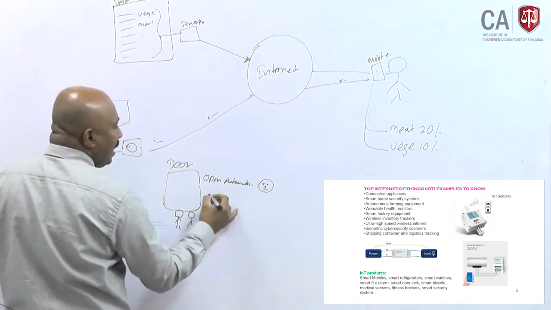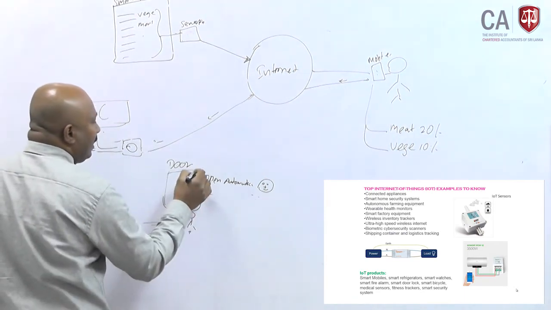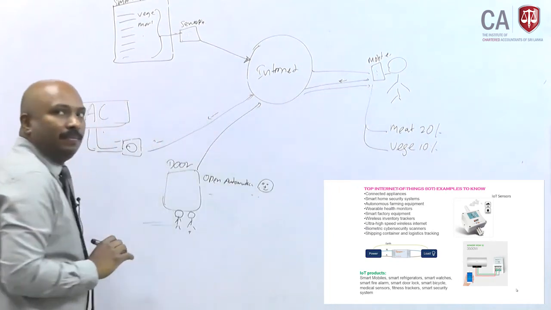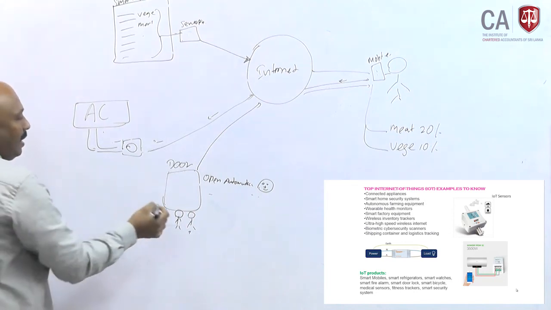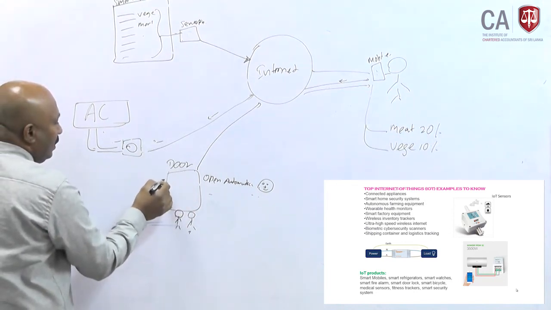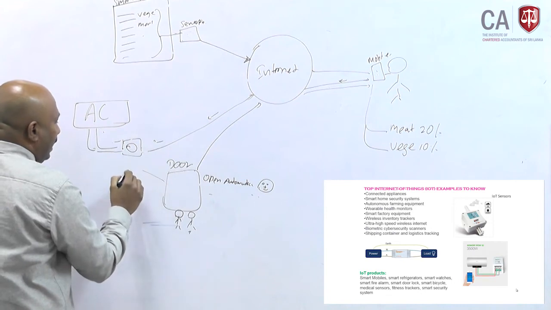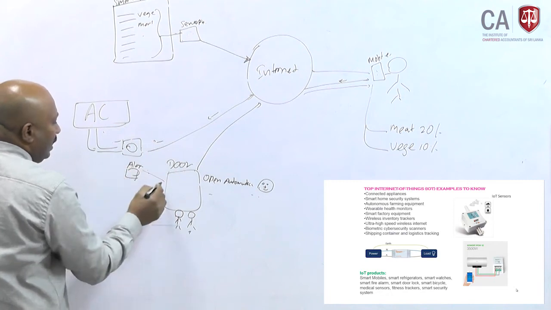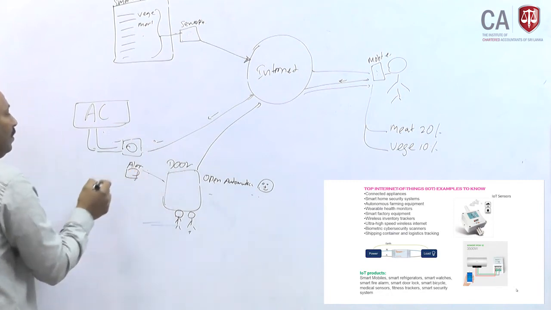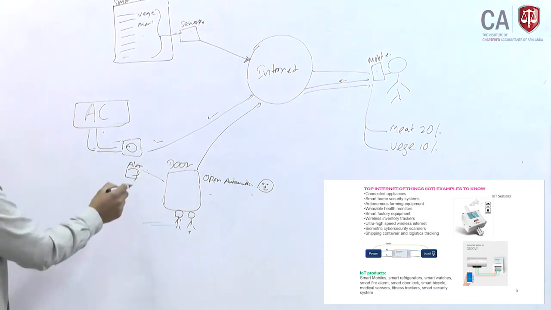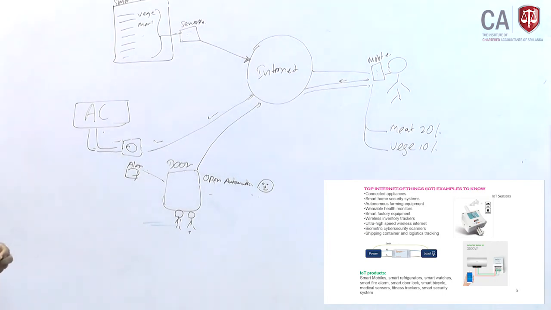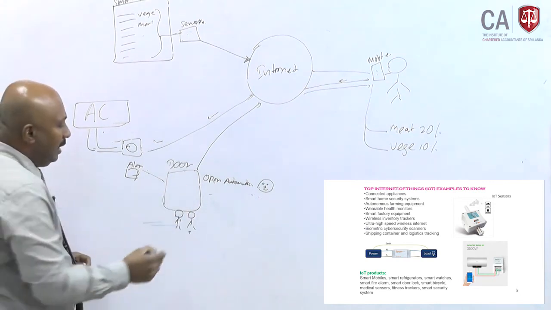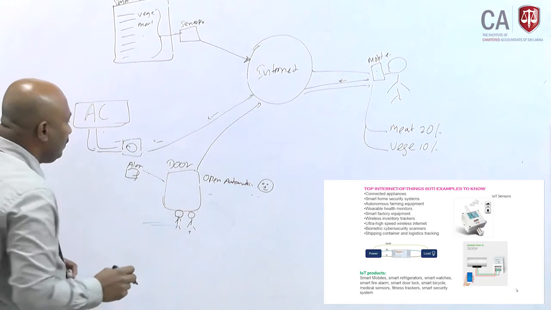If a newcomer is coming, it will give a message here that a newcomer has come. It can also give a ring, an alarm, and a message to you in the house that a newcomer has come, because it is identified through the camera that somebody has arrived, right.